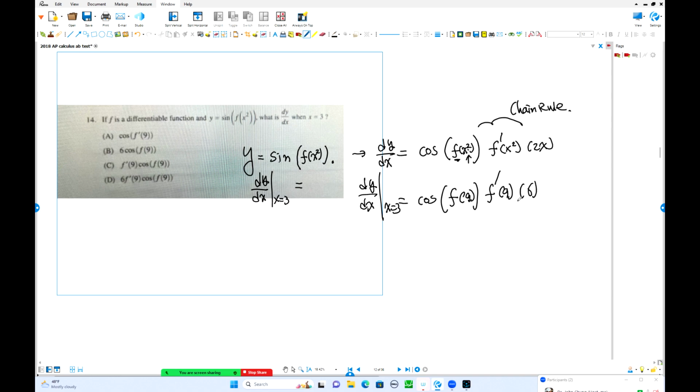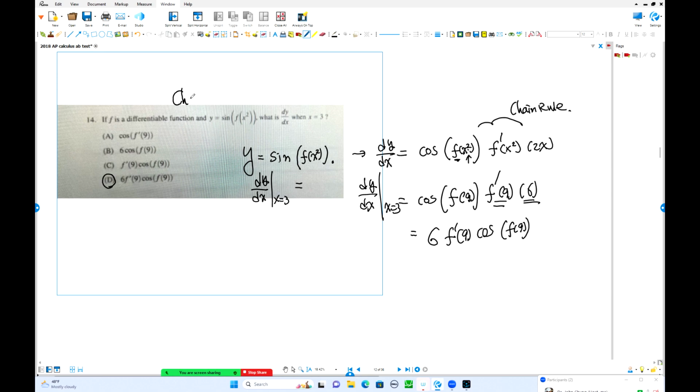Okay? So better use this one. Constant first, 6, next f prime, then last one is some function. So where is this one? That's choice D, 6 f prime 9 cosine f of 9. Choice D is the answer.